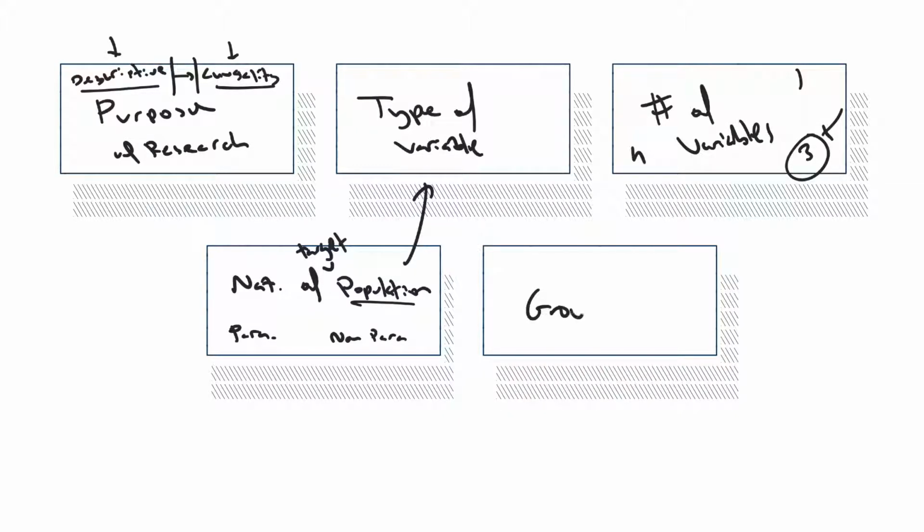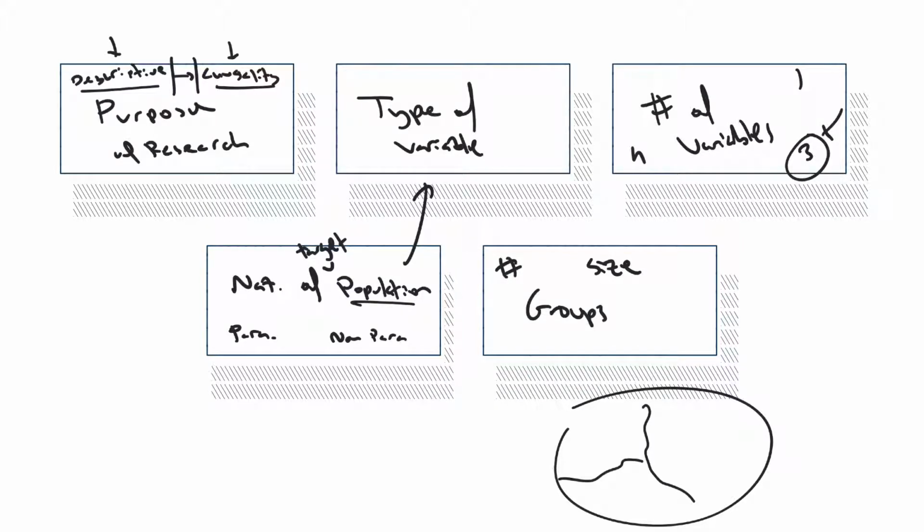We need to take into account the groups, the number, the size, and this is going to be groups within our sample size. Are there different groups that we need to take into account, and are we looking for relationships between the groups, or are we looking for membership in groups? Who's a member of which group? These are things that we need to keep in mind. And then also, is our sample going to be dependent on that grouping variable?